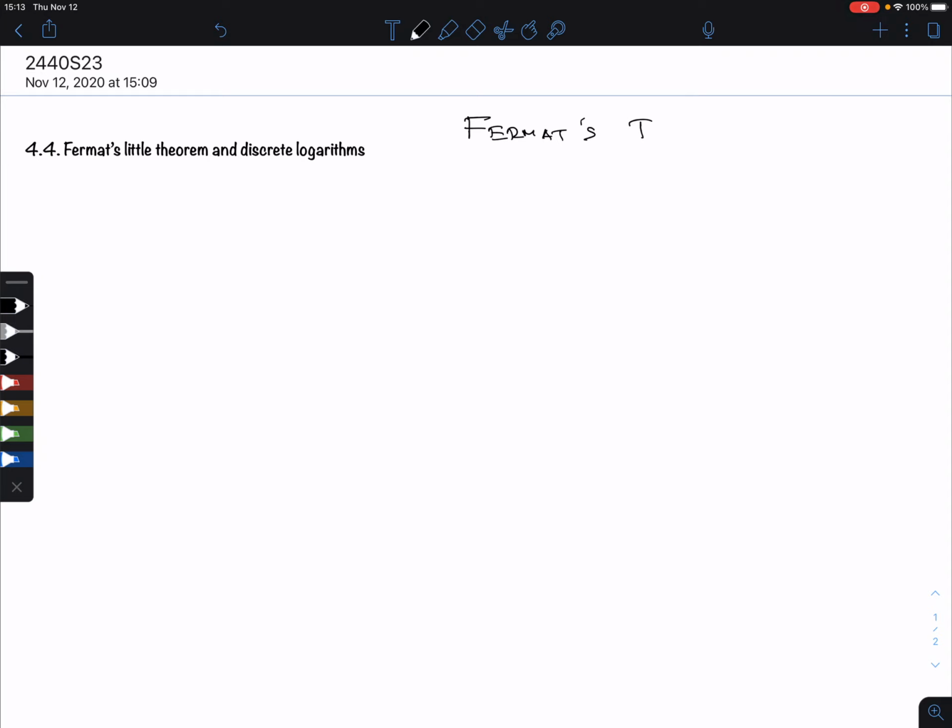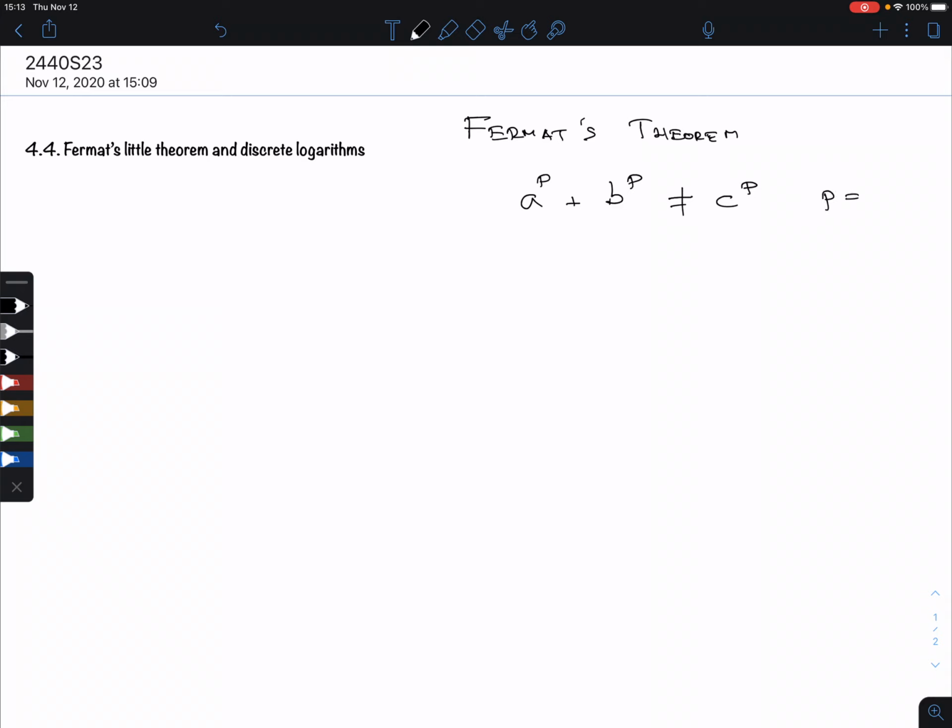When you hear about Fermat's theorem, meaning the big theorem, called Fermat's big theorem, it is the statement that if you take the sum of two pth powers, that can never be a pth power.